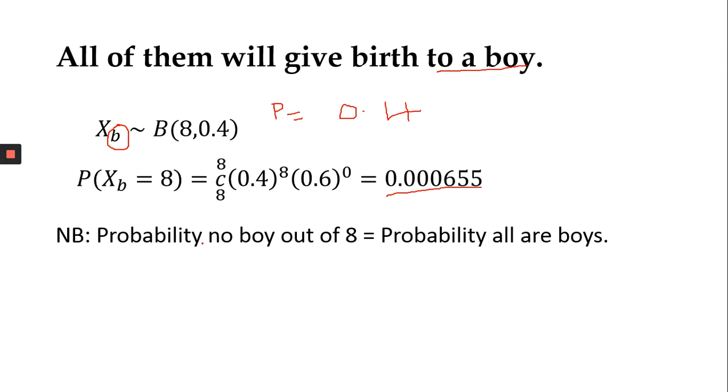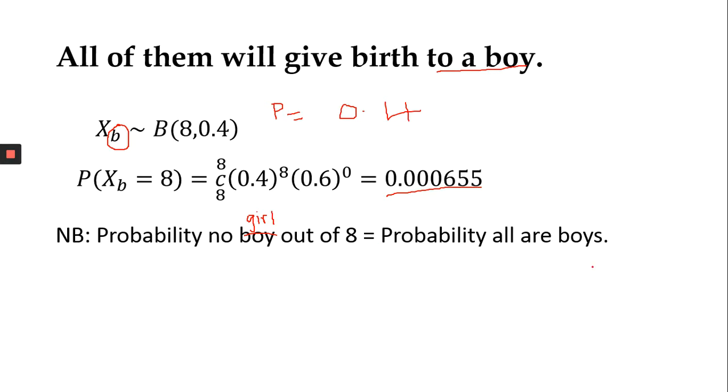Take note that the probability no boy out of 8 is the same as probability all. What did I say here? No, I think there is a mistake here. I meant this to be probability no girl. Please forgive me here. Probability no girl out of 8 is equal to probability all boys.